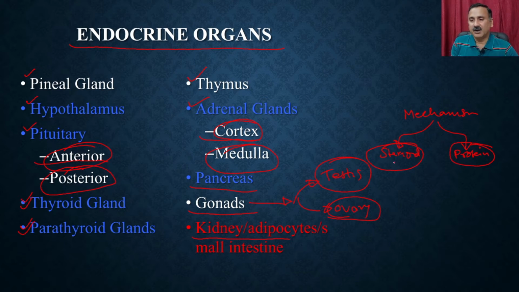Steroid hormones follow one type of mechanism, the protein hormones follow a different type. So let's discuss the mechanism, and then we are going to discuss the different types of hormones secreted from these glands, and how they participate in the maintenance of homeostasis.